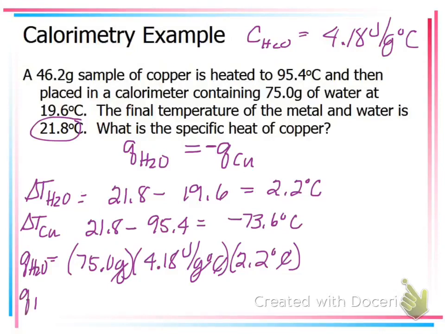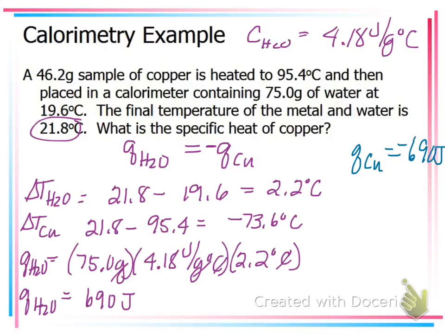So I get that my Q for water means it was gaining 690 joules of heat. That's how much it gained. So that means that Q of copper is a negative 690 joules, because that's how much it lost. It lost that much heat because that's how much water gained.